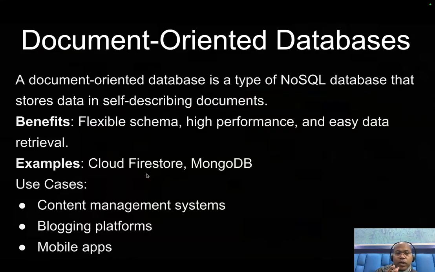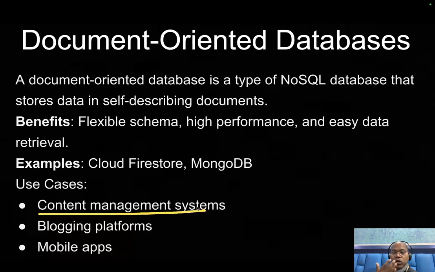If you are building enterprise applications where you require a CMS, a content management system, where you want to upload lots of content, reports are generally contained in JSON format. JSON is a complete self-described document.